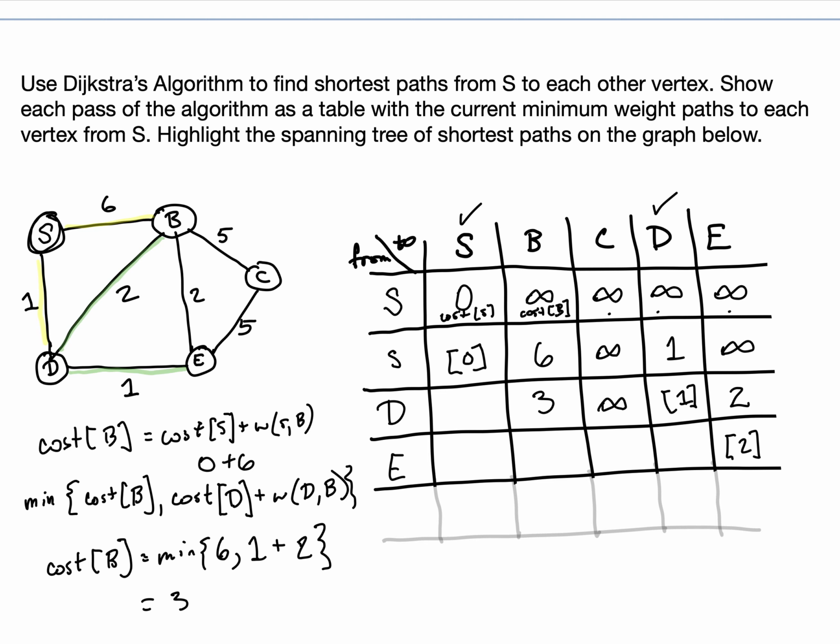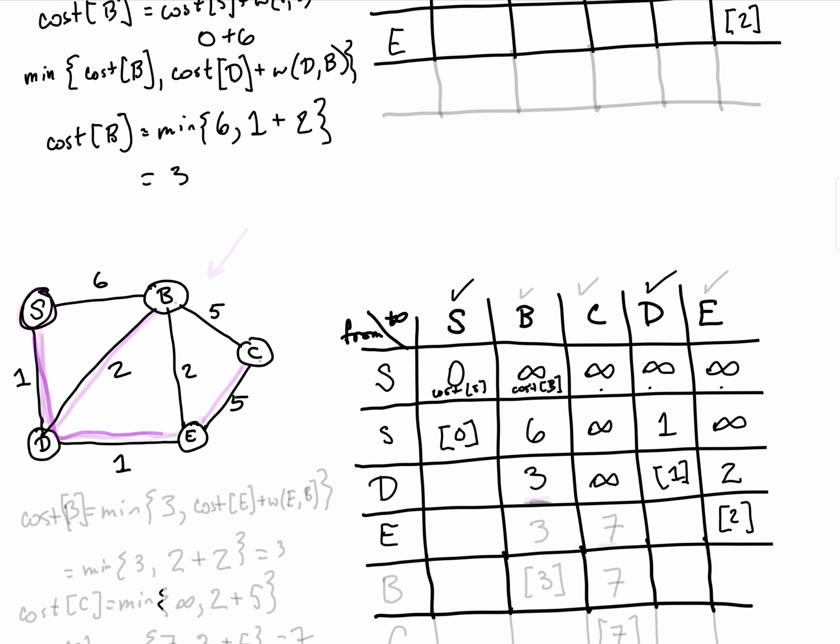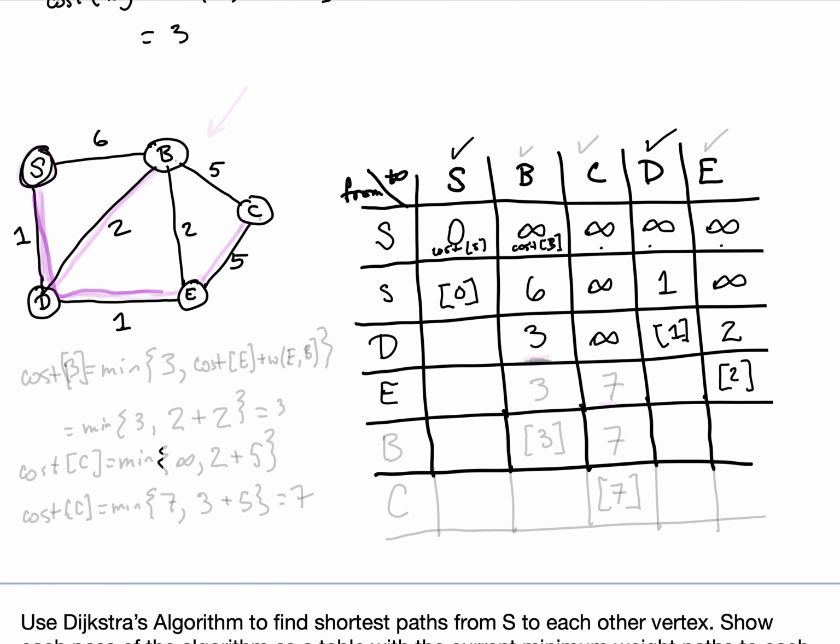We should also be keeping track of the minimum weight paths that we've gotten so far. The minimum weight path from S to D was this. Our minimum weight path from S to E, the last one that we have, went from S to D to E. So that's what we've got so far as our highlighted minimum paths.